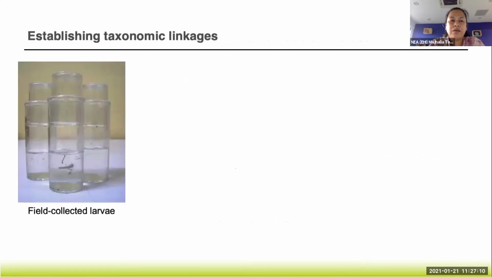So when you're trying to establish taxonomic linkages, this means that you're trying to determine the different morphological variations within a species. Let's say in your country you have not found a certain species and you found it for the first time. You want to know what are the various forms this type of mosquito will have, because there are some species that belong to the same species group, but they have different formation of certain hairs, or markings on the palpi or the proboscis.